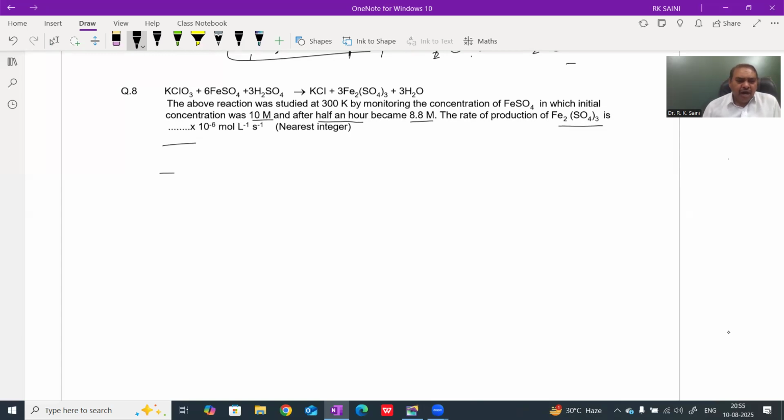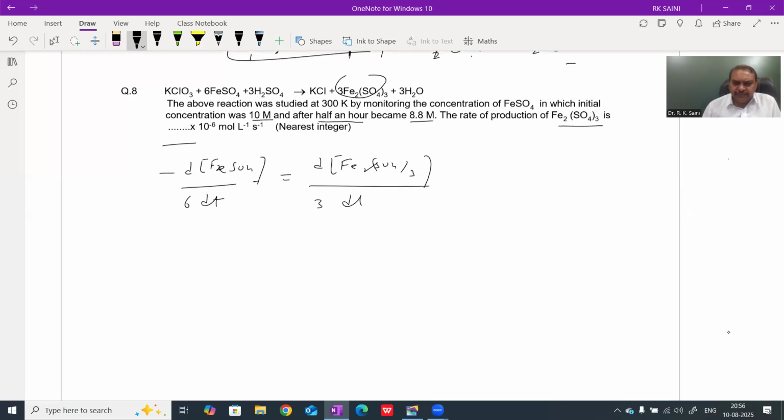First, we write the relative rate of reaction: the disappearance rate of ferrous sulfate divided by its stoichiometric coefficient, and for ferric sulfate, its formation rate divided by its stoichiometric coefficient. This is known as the relative rate of reaction, or equal rate.